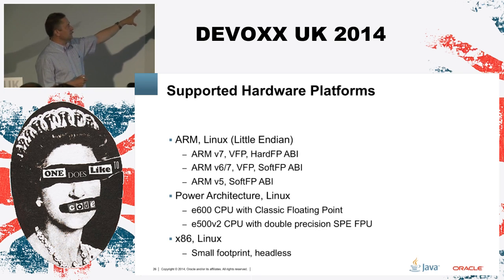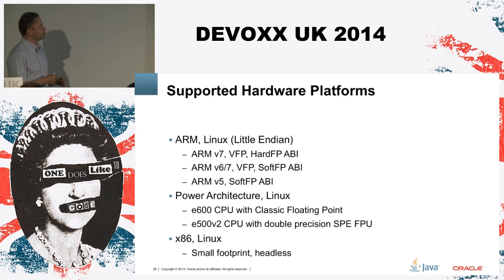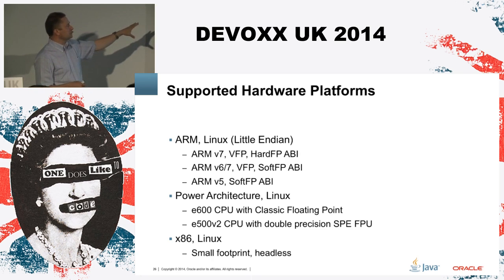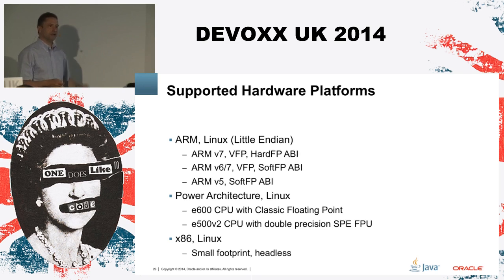ARM v6 and v7 can use the virtual floating point, which is part of the ARM architecture, and then ARM v7 can also use hard floating point, which is where you've actually got the hardware built into the chip as well. We also support Power architecture, so the e600 or the e500 on Linux, and we also have a version for x86 on Linux. So, you know, Intel have come out with some small boards like the Raspberry Pi recently as well.